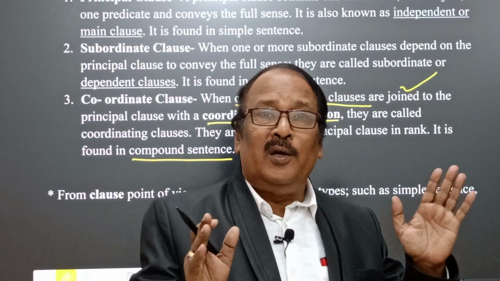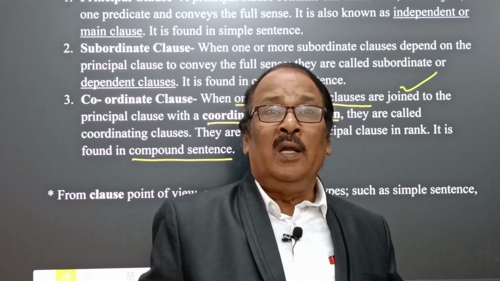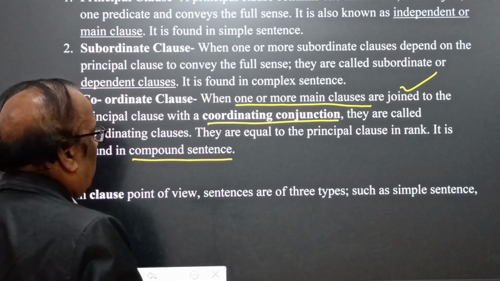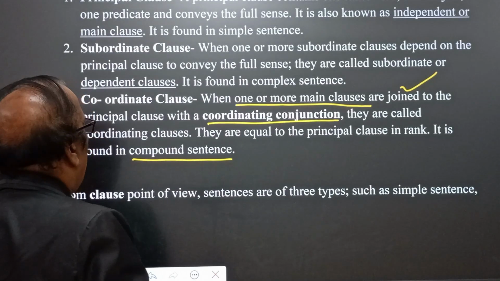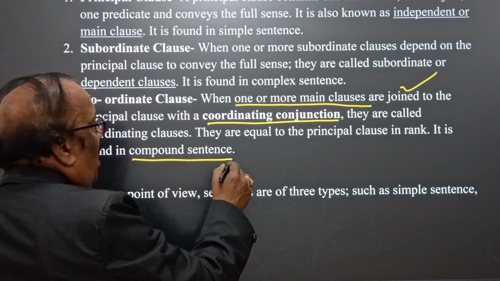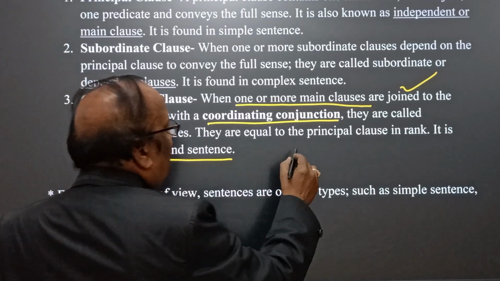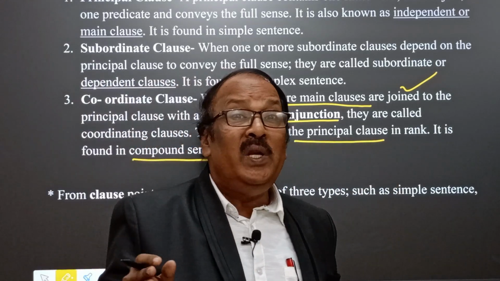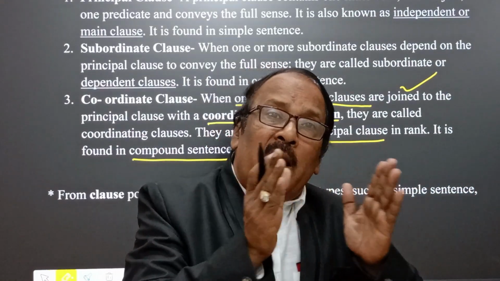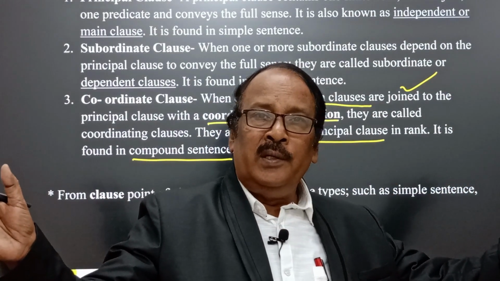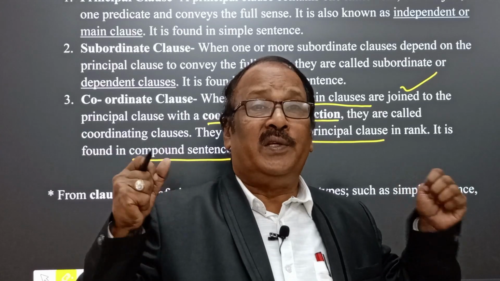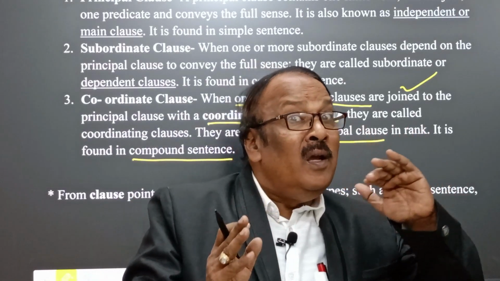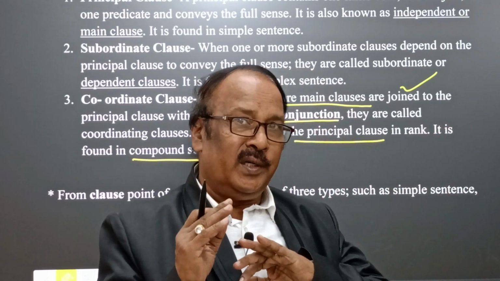So you see, listen here, these are the coordinators. The clauses joined by coordinating conjunctions are called coordinate clauses and are equal to the principal clause. Naturally, in rank, they are equal. It means if we divide the compound sentence, the clauses can express independent meaning. This is the difference between complex and compound sentences.